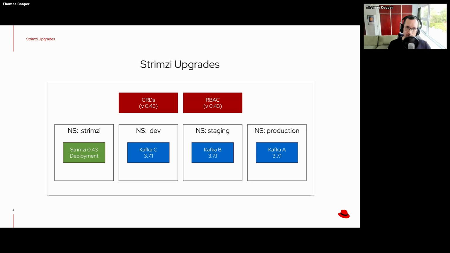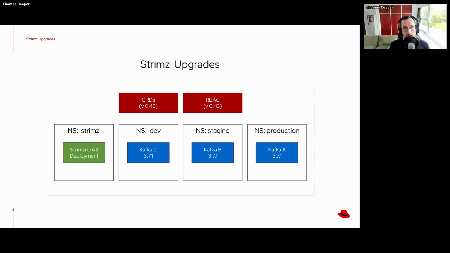So Strimzi upgrades. Some of you may be familiar with what a Strimzi installation actually looks like. Many of you might use the Helm chart or Operator Lifecycle Manager, and that's just an installation. But if you look at the actual install files in Strimzi, there is the deployment itself, which deploys the Kafka cluster operator pods. But there's also lots of other stuff that comes with it.